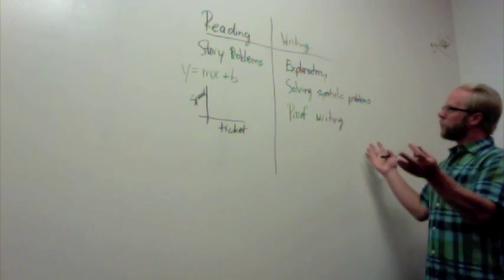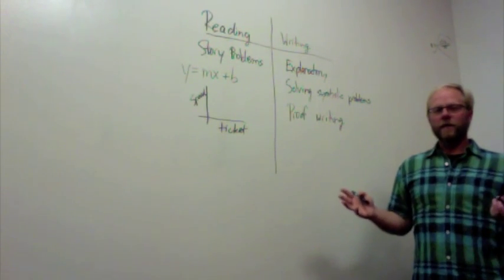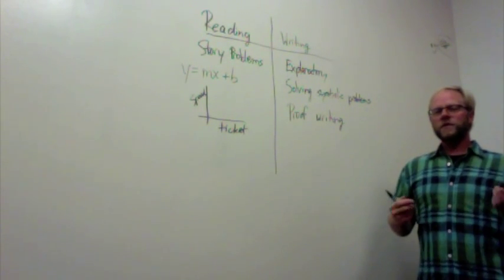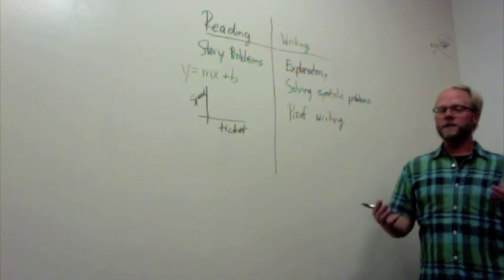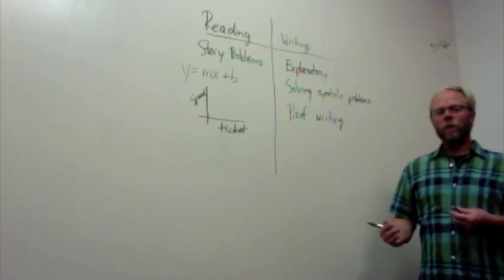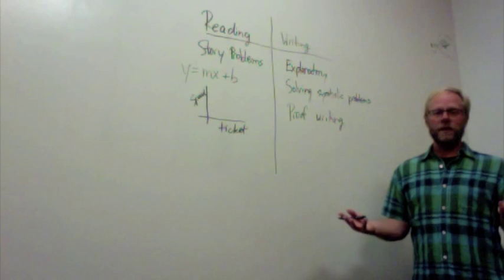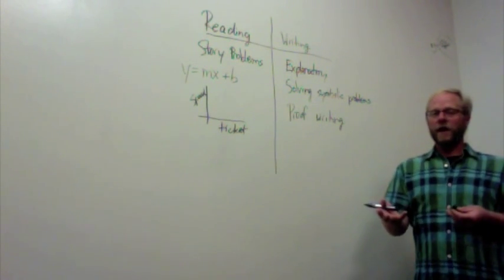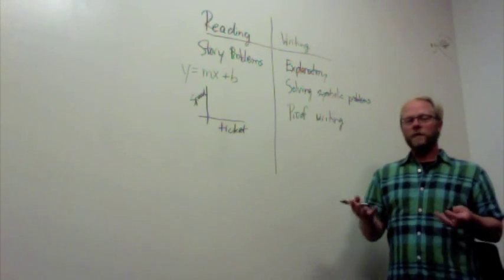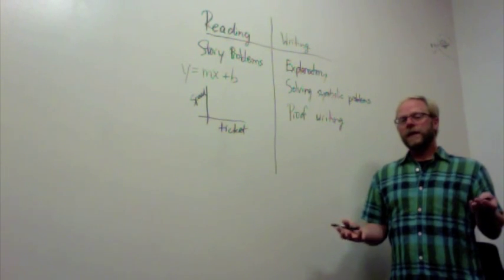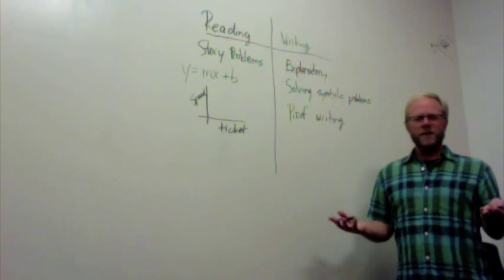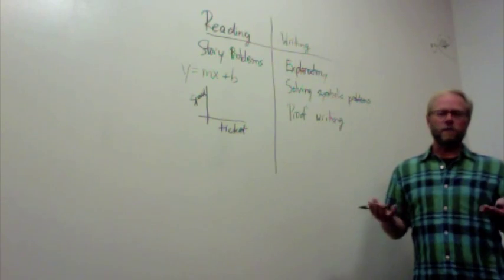But whatever class you're teaching, you are engaging students in lots of different kinds of reading and lots of different kinds of writing. What we're asking you to do in this activity is to identify what types of reading and what types of writing you do engage students in, and then think about what might be challenging about those different types of reading and different types of writing.